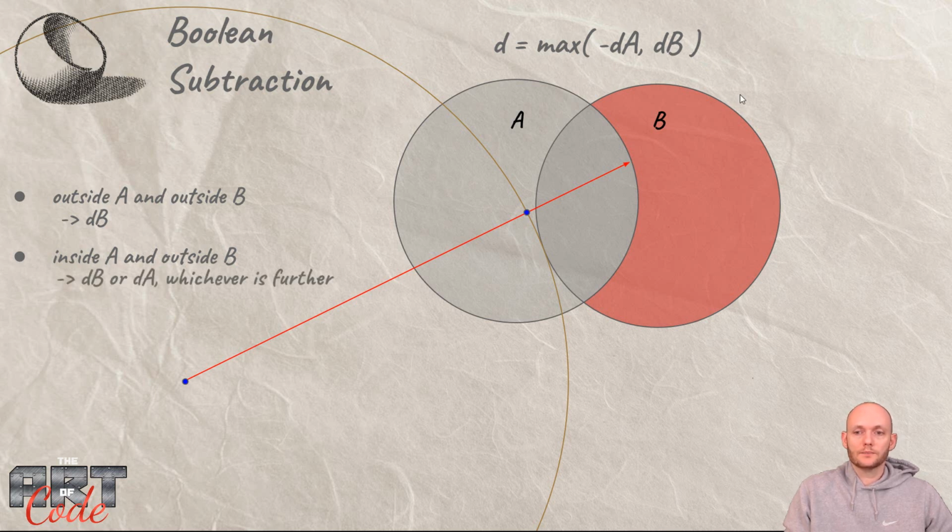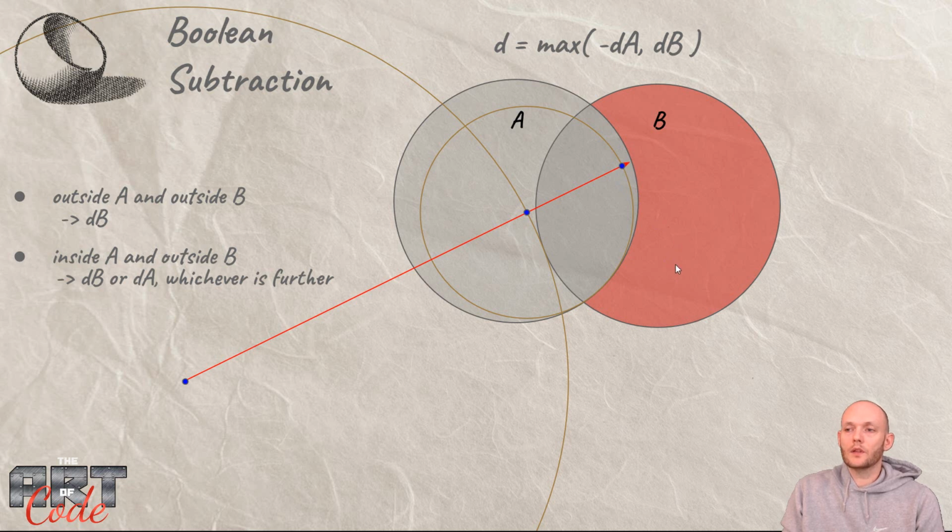If that is the case, then it will just take whichever surface is farther away. From this blue point here to the surface of B is a very close distance, only from here to here, but the distance to A is somewhere over here. So that distance is larger, and it will take whichever is further. So it will take the distance to A. So my next point is going to be there.